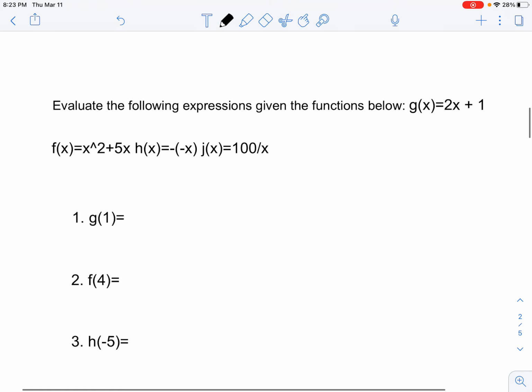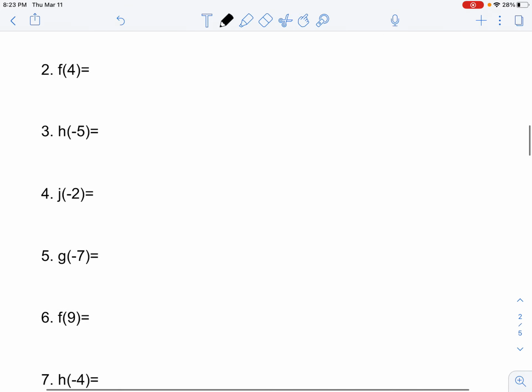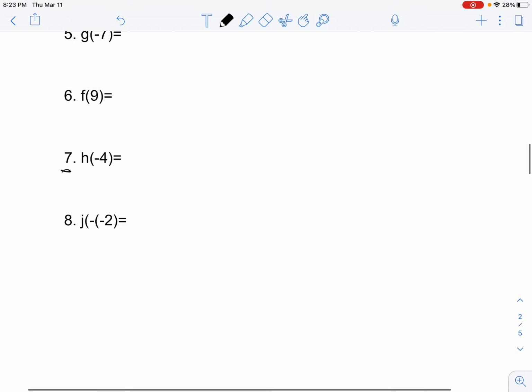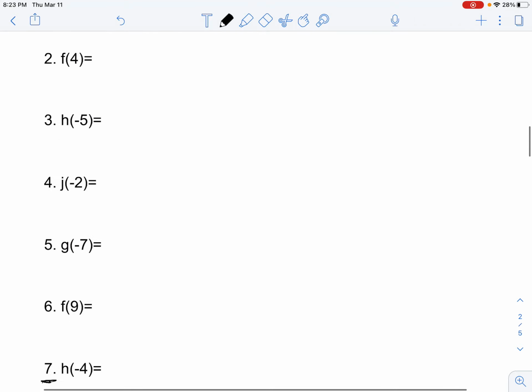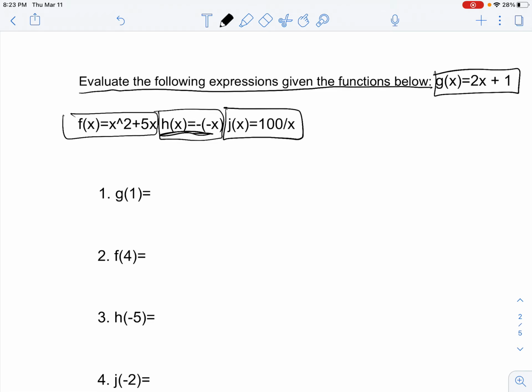Now, we are trying to evaluate the following expressions given the functions below. We have gx over here, we have fx over here, we have hx over here, and we have jx over here. Now, let's try number 7. H of negative 4. So what we have to do is go to the list of equations and look here.